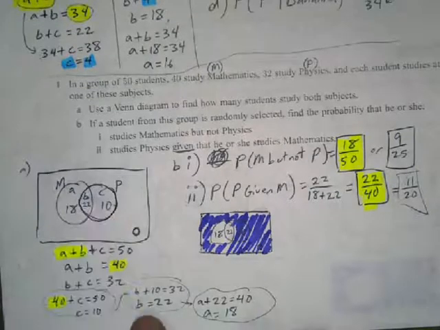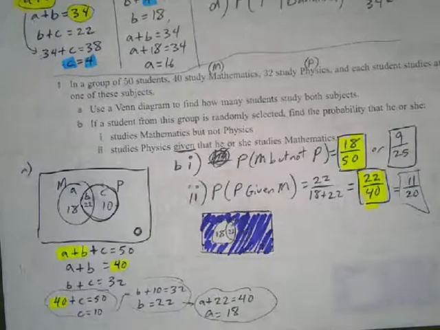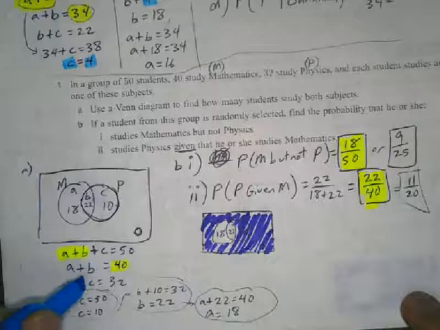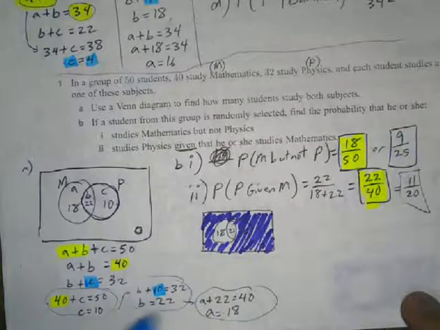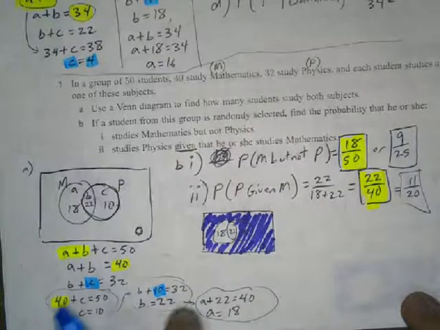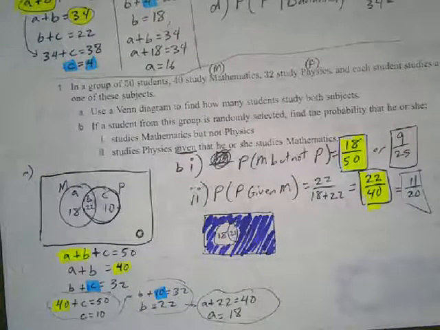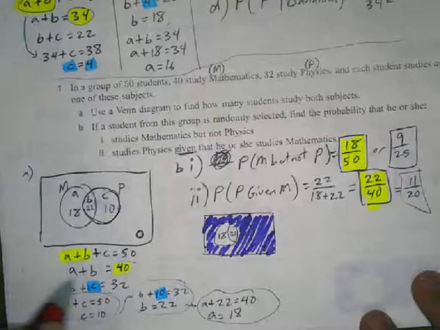And then the next thing I say, okay, so I know that C is 10, so I'm going to use this equation here and replace the C with 10, and then I can subtract 10 on both sides. I get B is 22, and then I'm going to take the second equation, A plus B equals 40.